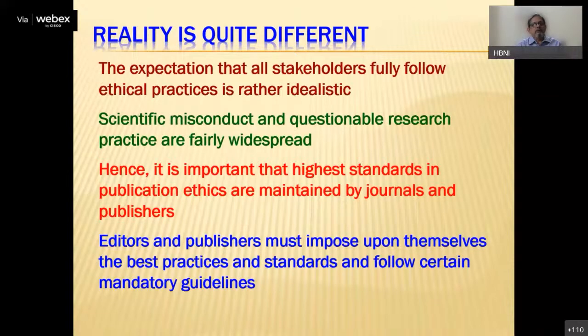Because in case there has been a scientific misconduct during the course of a research work and it has found itself in the form of a publication, then it becomes the responsibility of the journal or the publishing house to find out whether you have followed ethical practices and whether the manuscript that you have submitted is the result of following ethical practices or not.